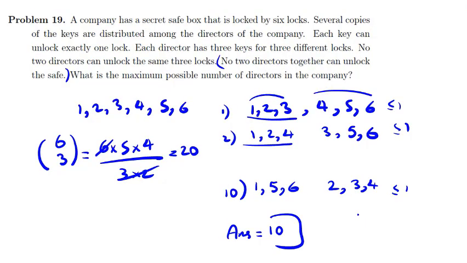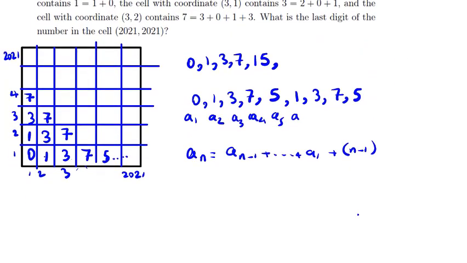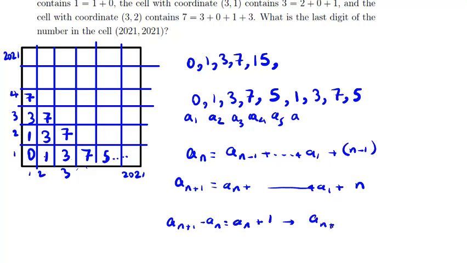And if you write also A_(n+1), it will be the sum from A_n to A1 plus n. If you subtract, A_(n+1) minus A_n will be A_n plus n minus... this will be 1. So A_(n+1) is 2 times A_n plus 1. If you don't know recursive sequences, you should learn that. Solving recursive sequences is useful from qualifying level up to IMO.